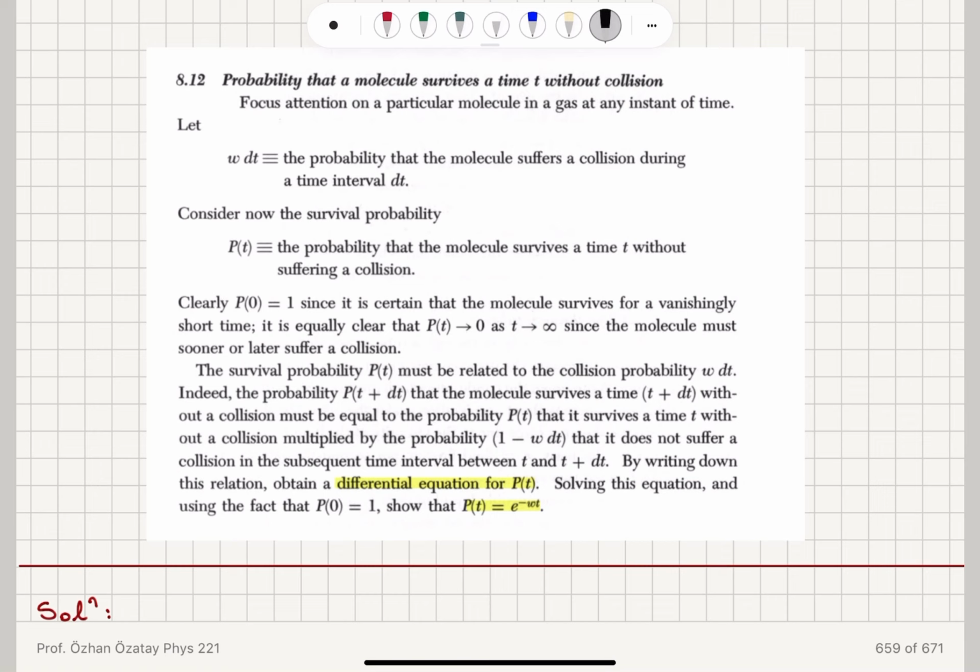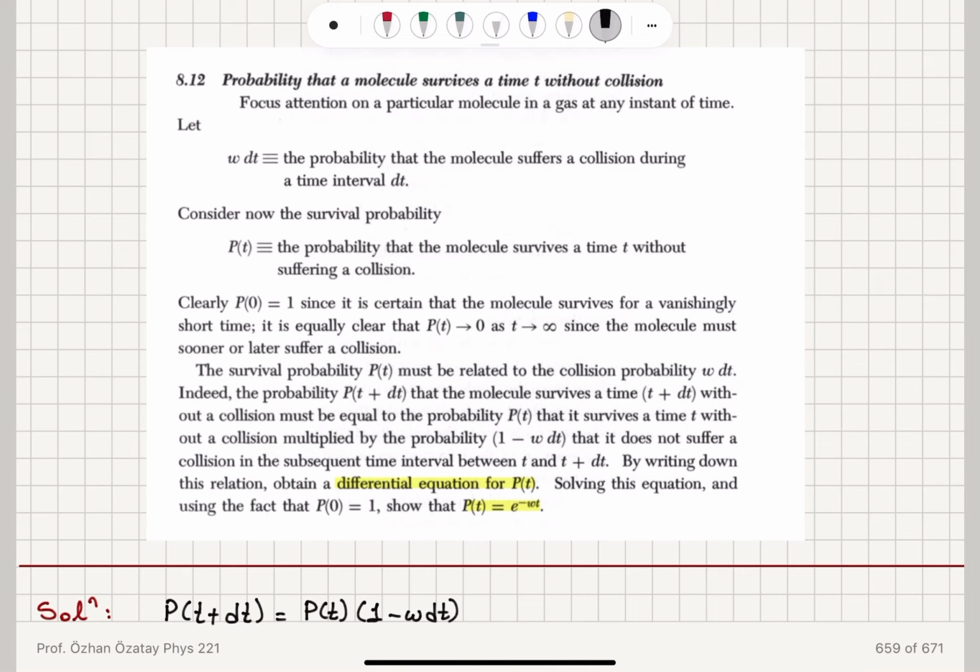So let's write this equation. The probability P that the molecule survives without a collision in the time interval t plus dt is the probability that it survives a time t multiplied by the probability that it doesn't have a collision in the time interval dt, which is 1 minus ω dt, where ω dt is the probability that the molecule suffers a collision.